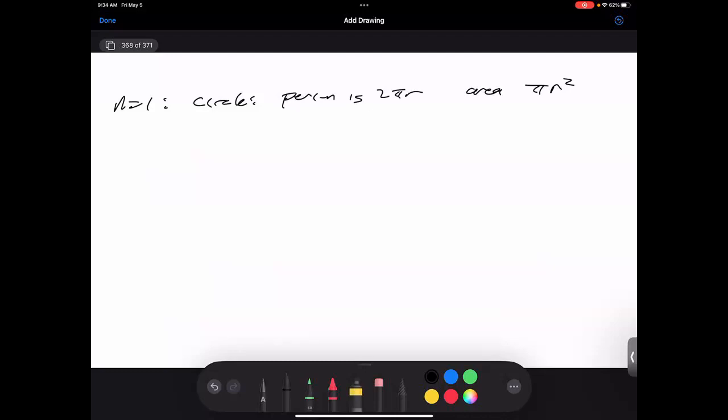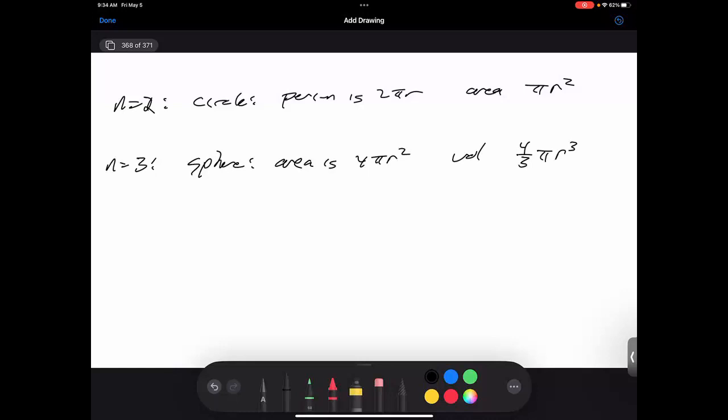How do we get from perimeter to area? Well, let's write down, sorry, this is n equals 2. Let's do one more. N equals 3, we have a sphere. The area is 4 pi r squared, and the volume is 4/3 pi r cubed. How do we get from one to the other? Or the other way around.